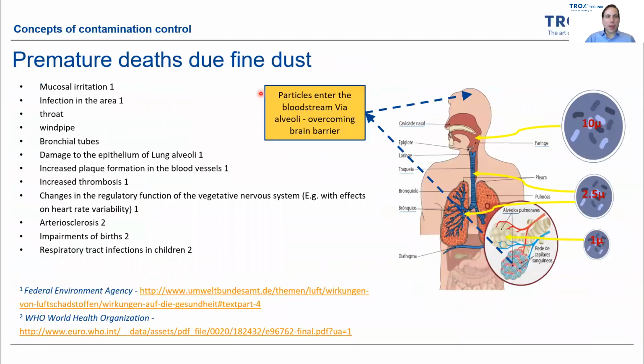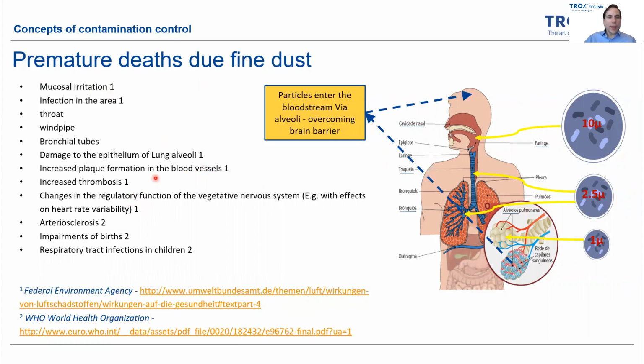And why are they so bad? Because they can go into our respiratory system. They will first cause irritation of our nose, throat, windpipe, and bronchial tubes. The smaller particles, which we will call later PM1, the particles lower than 1 micrometer, go into the alveoli, into our lungs, and from the lungs they go into our blood system, and then they can go to our brain and our organs, and that will generate a lot of diseases.